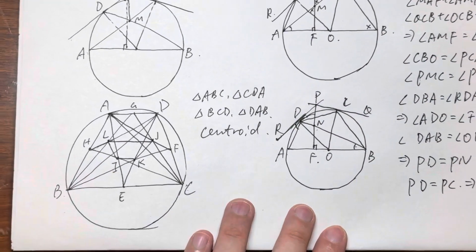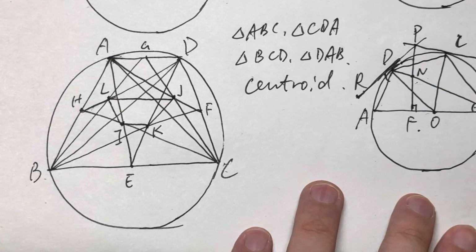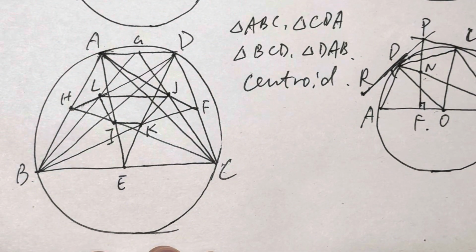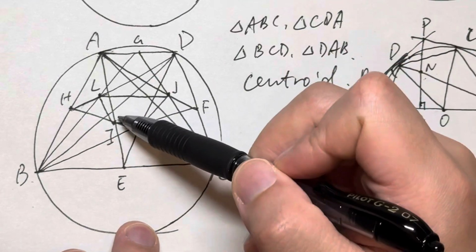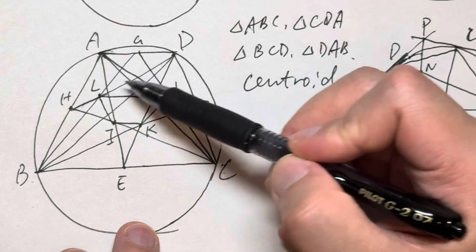So let me zoom in. So just think about the ways that we can prove 4 points are cyclic. We might think that we need to calculate the angle LIK plus angle LJK.